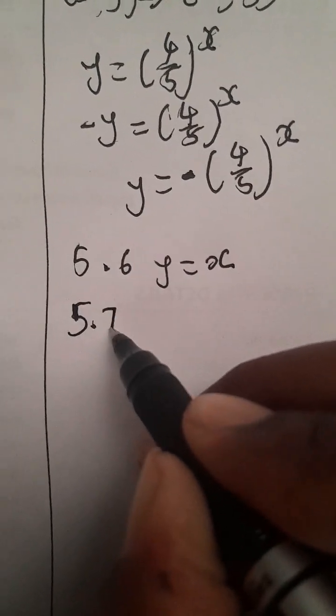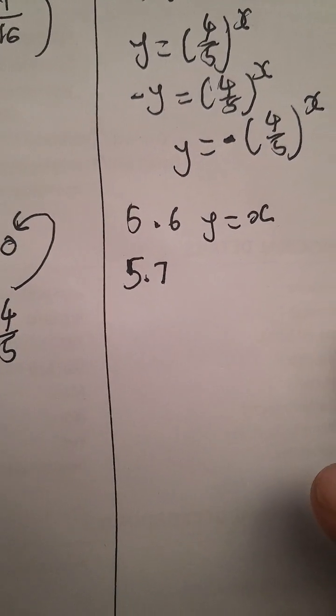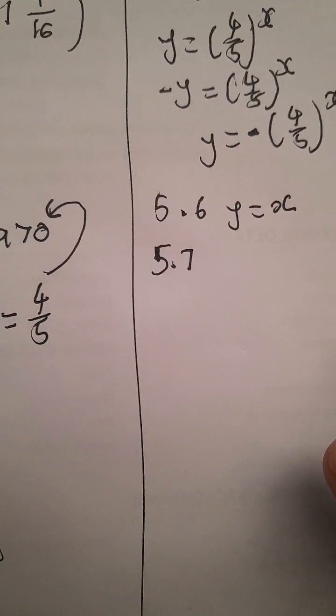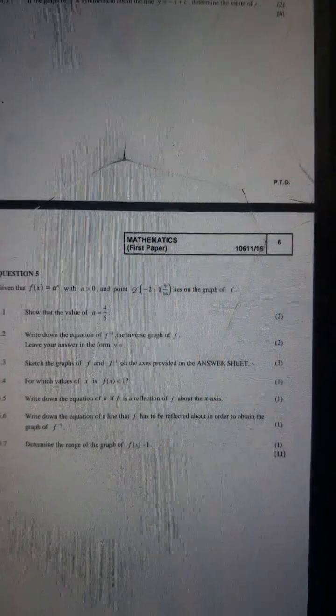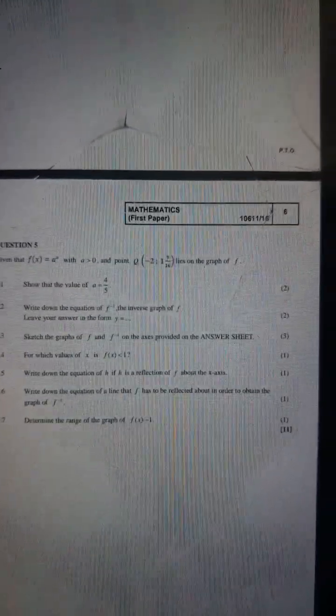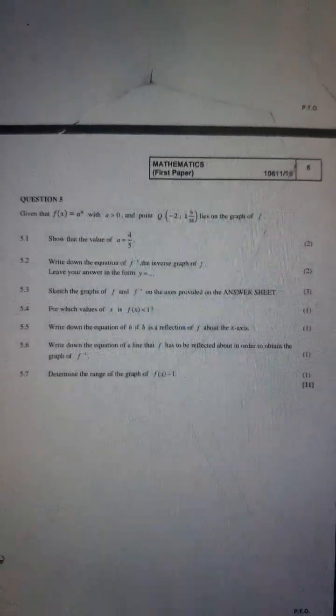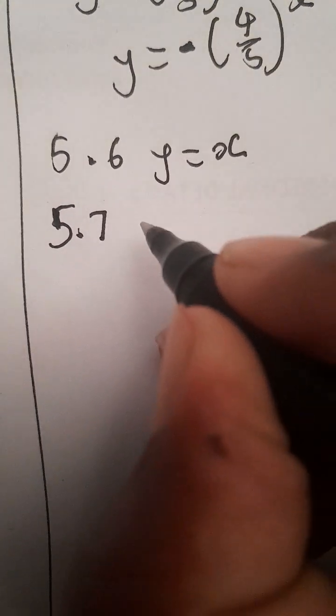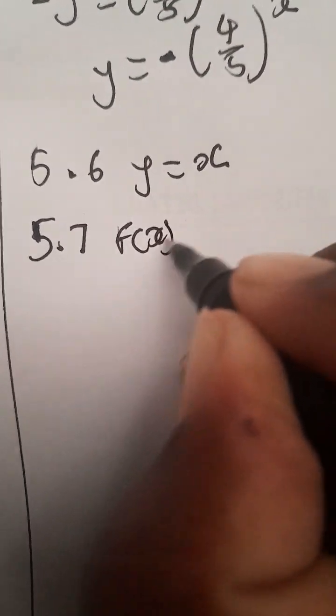Then let's go to our last question, which is 5.7. At 5.7, you need to determine the range of f of x minus 1. Let's put that into practice. Remember, they said f of x minus 1.